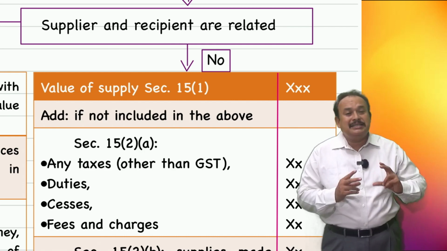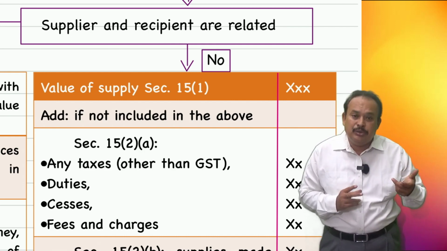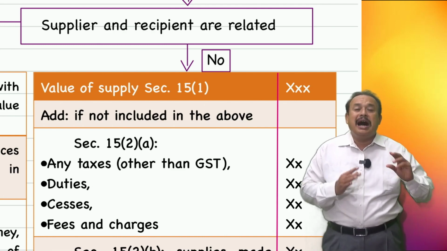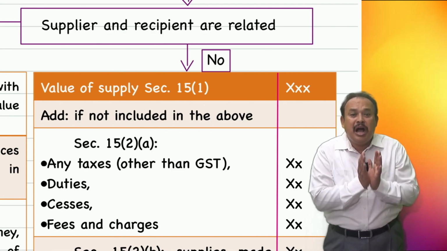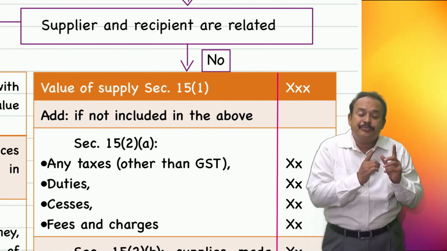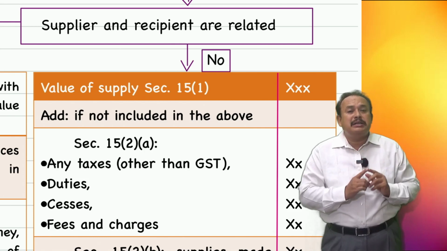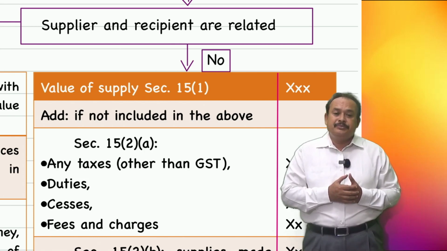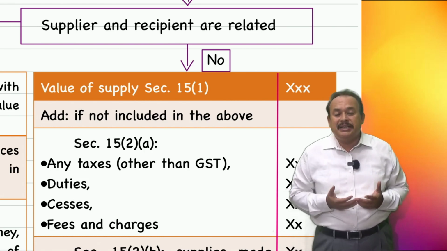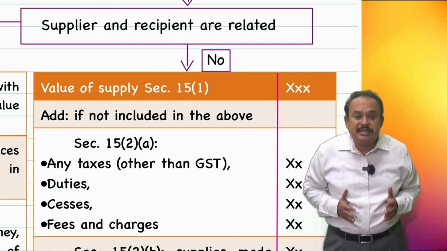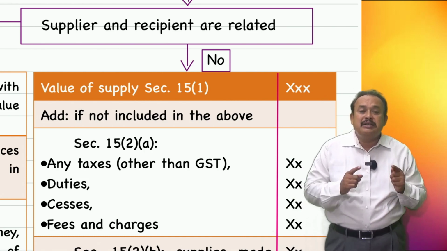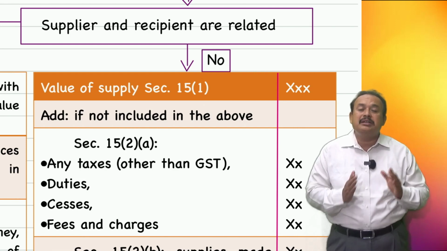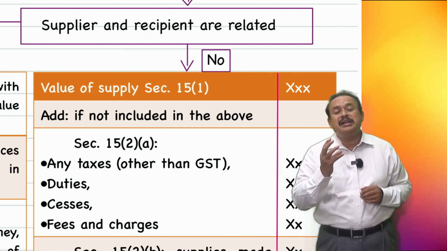Therefore, you are adding certain additions to that given sale value, deducting certain deductions from that sale value, arriving at a different sale value outside the books of account, which you feel is appropriate to apply GST. So, simply to say, the additions and deductions to the given supply of books of accounts I am carrying out outside the books of account to arrive at the correct value.